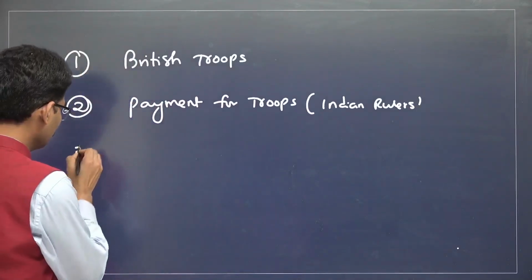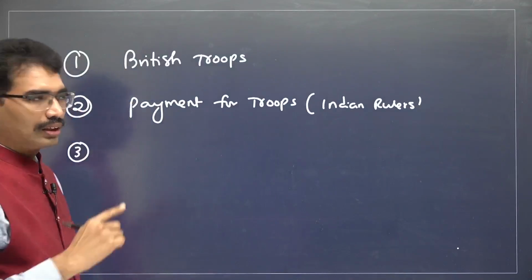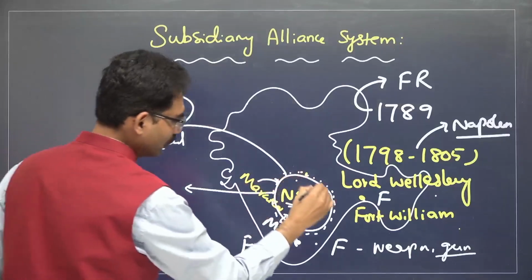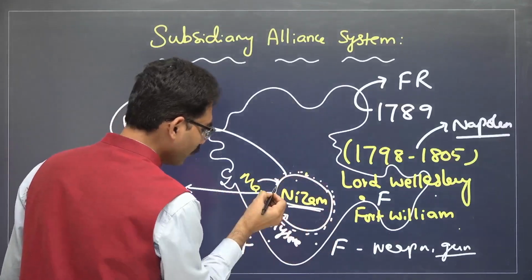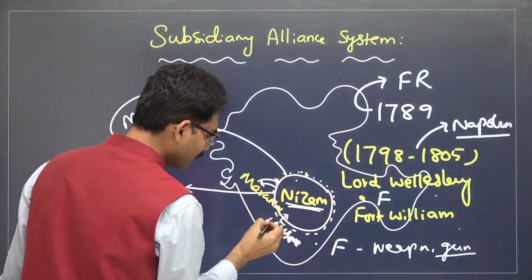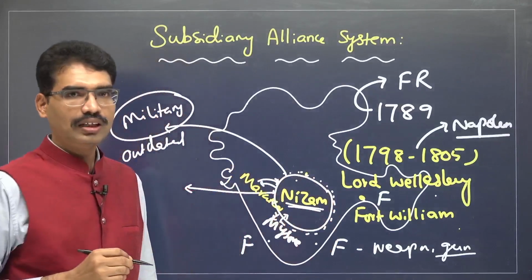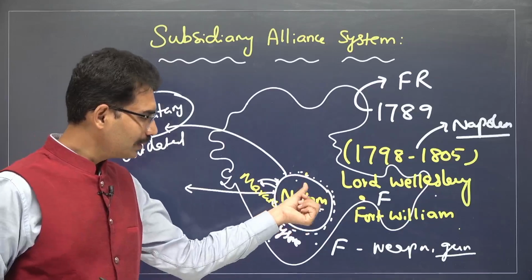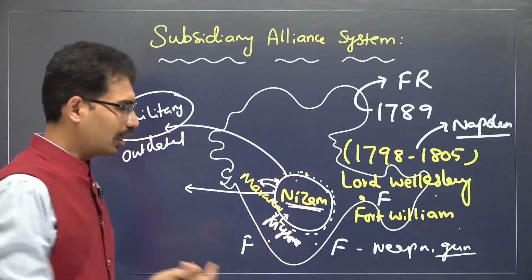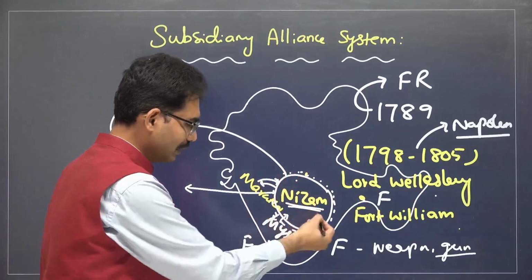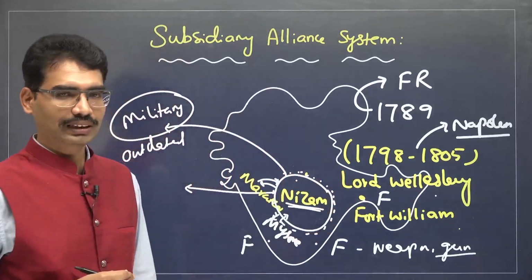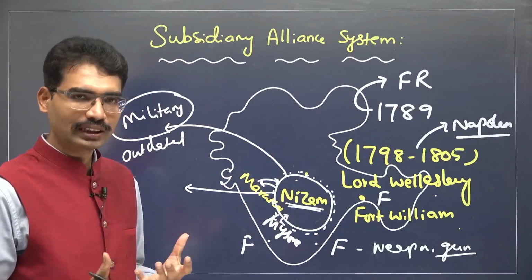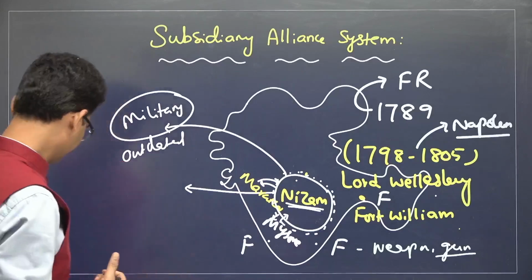Next, third, Indian rulers, the moment they are controlling this means, that means indirectly what you are doing, you are surrendering your foreign office to the British. That means diplomatically now you are completely relying on British how to handle Marathas, how to handle Mysore, how to handle some other neighbor. And that means your diplomatic powers, your foreign relations, you are surrendering to the British.